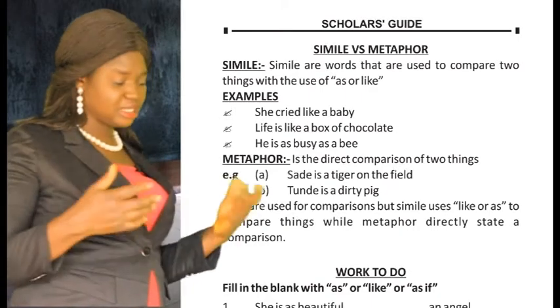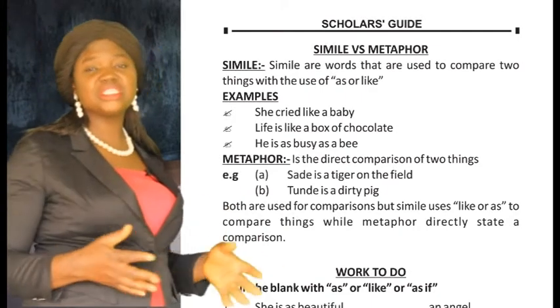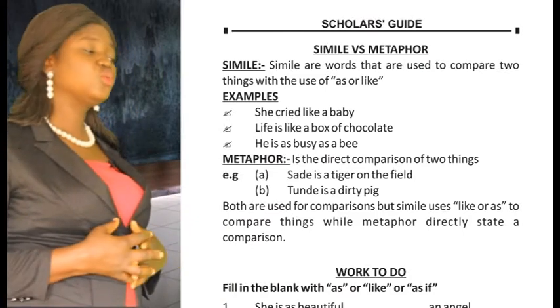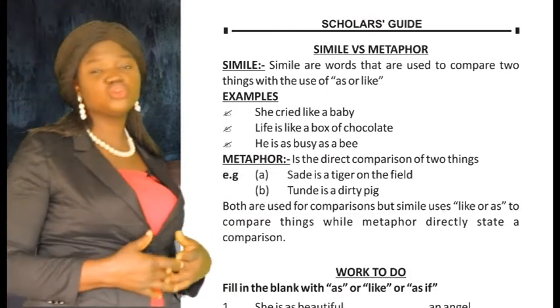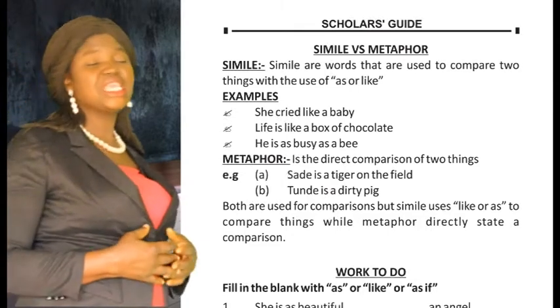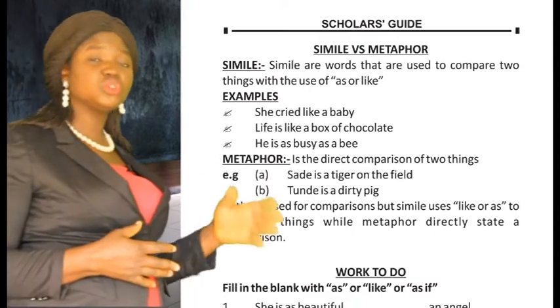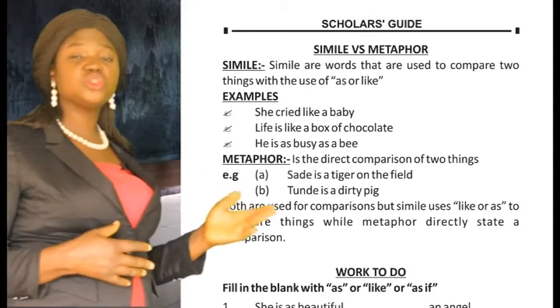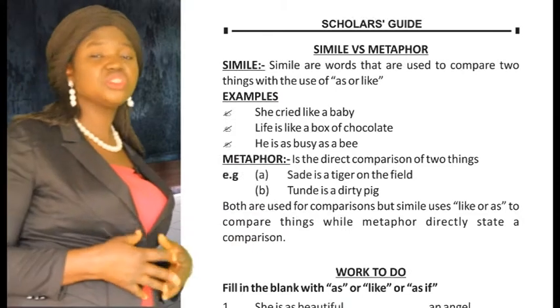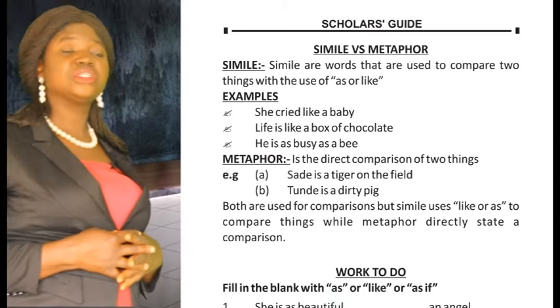Probably doesn't like taking his bath, he doesn't like washing his clothes, combing his hair, you understand? So we want to liken Tunde to something or someone that is dirty, a dirty pig. That is a direct comparison, comparing Tunde and a pig. Not using as and not using like. So that is what, direct comparison.